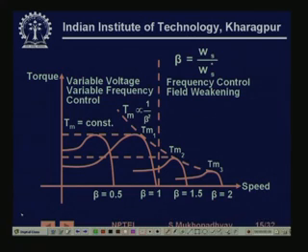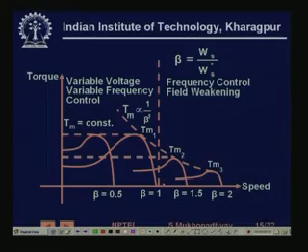So what is the situation now? This is your rated condition, right. From here you cannot increase voltage, you can only decrease voltage. In this region you can decrease voltage.